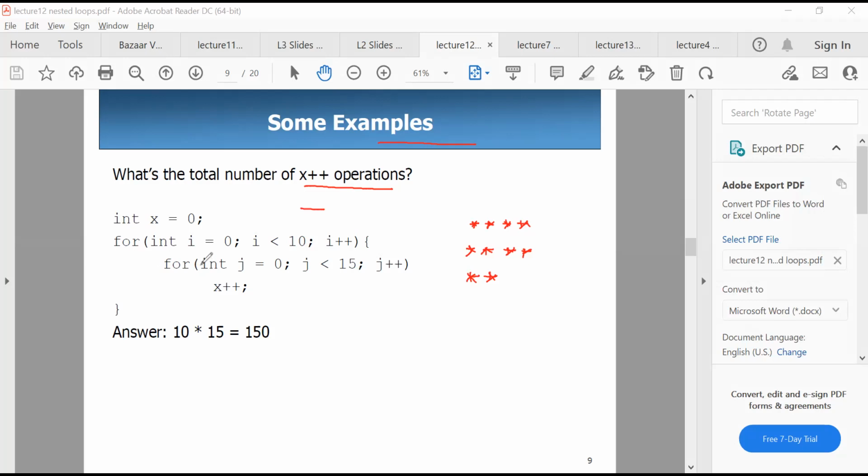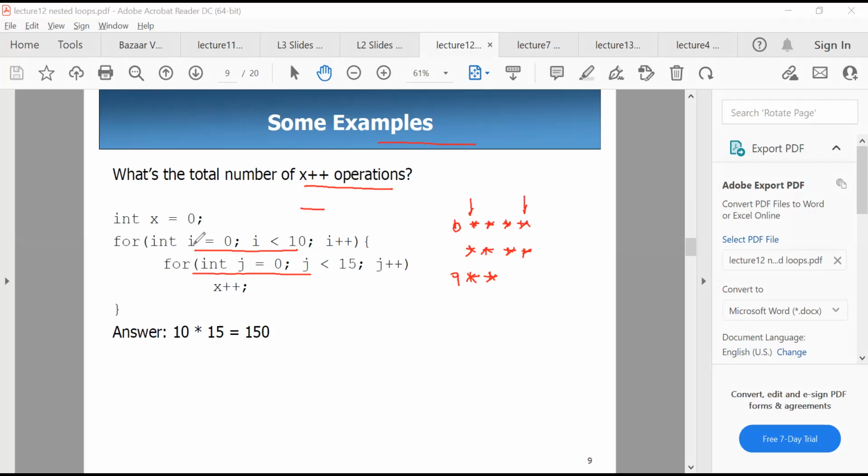This outer loop will run 10 times, so we will have rows from 0 until 9. Then the for loop inside is responsible for one row of asterisks.